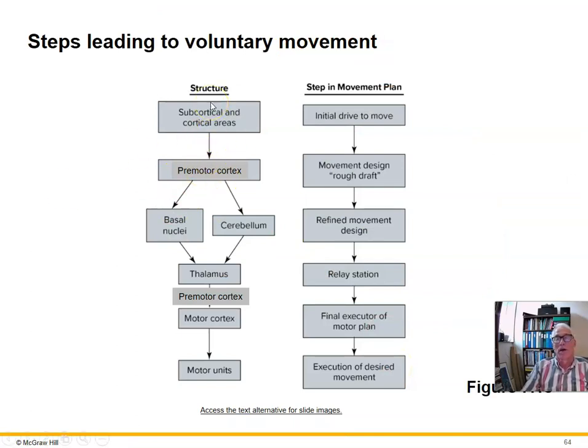So we start out with an idea for a motor plan. Premotor cortex forms a rough draft, solicits information from the requisite parts of the brain that have the data. Information is sent back to the premotor cortex by way of the thalamus, and then executing the plan on the primary motor cortex, and then that activates the motor units.